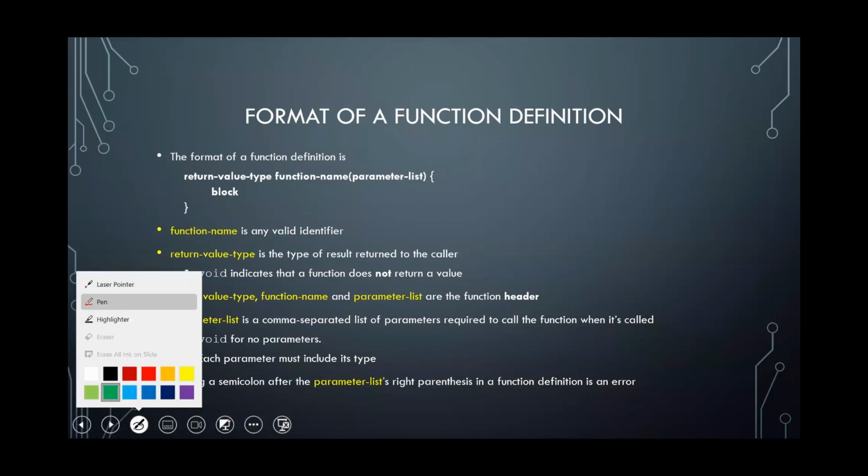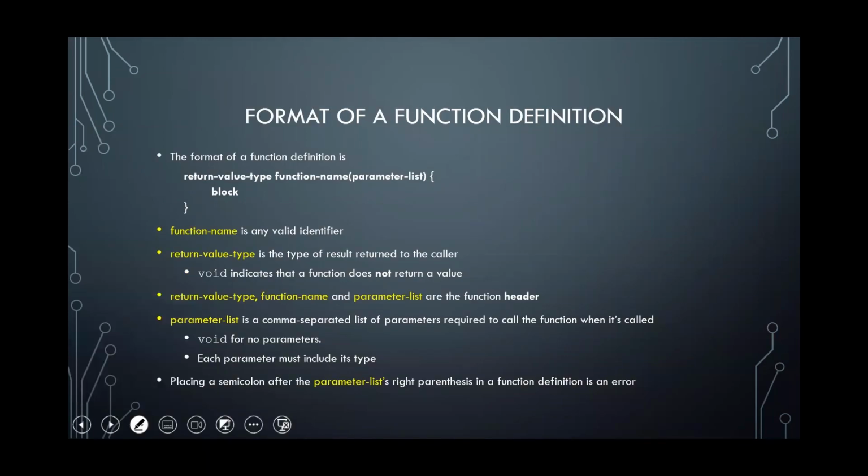Okay, so we've got a few different things going on, right? In order to just do a generic function, we've got a return type right here. That's the very first thing that you see. Then we give it a name and we send it the parameter list, okay? Then we have our curly brackets, and that's where we put our block of code.